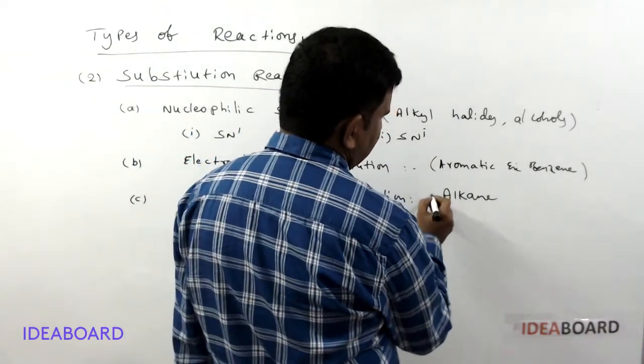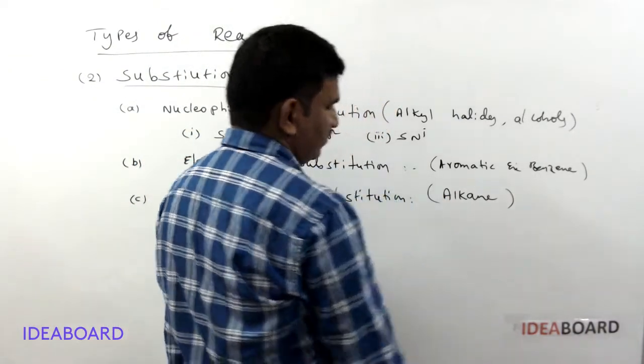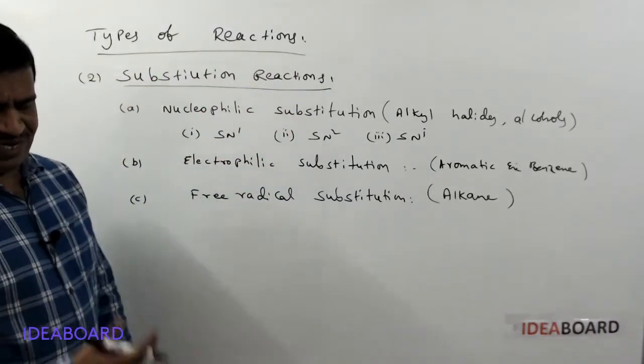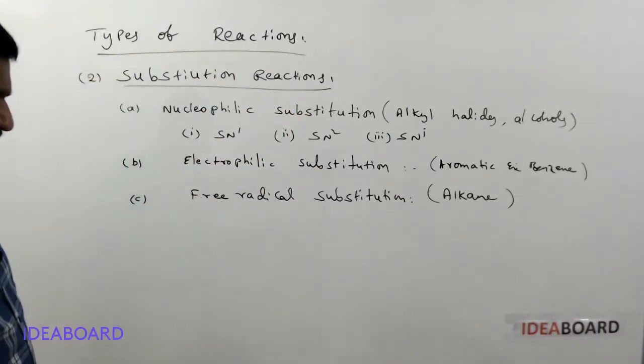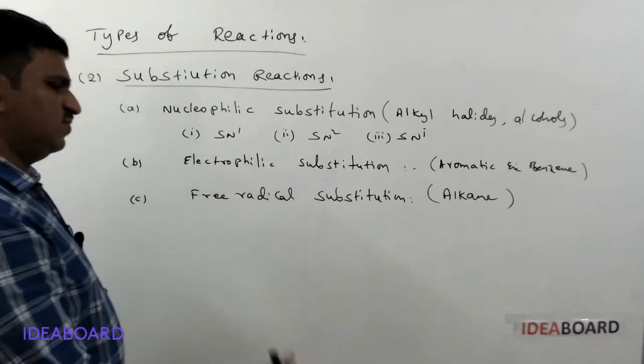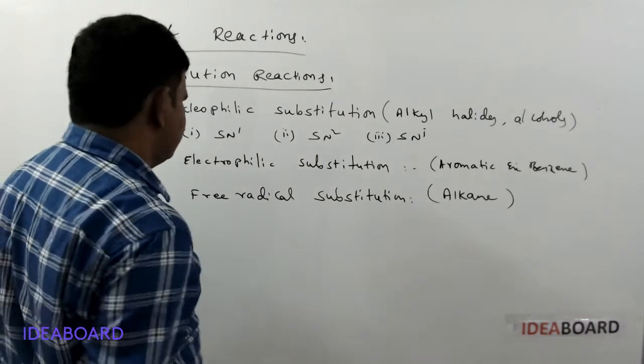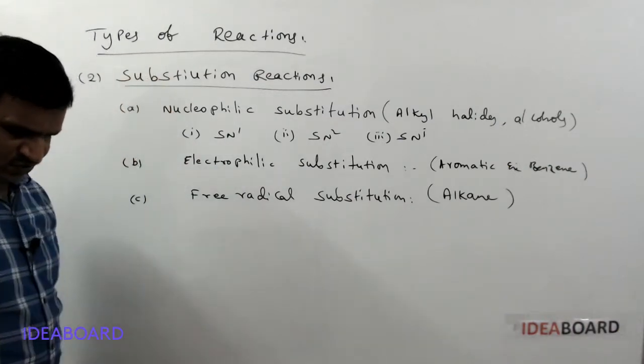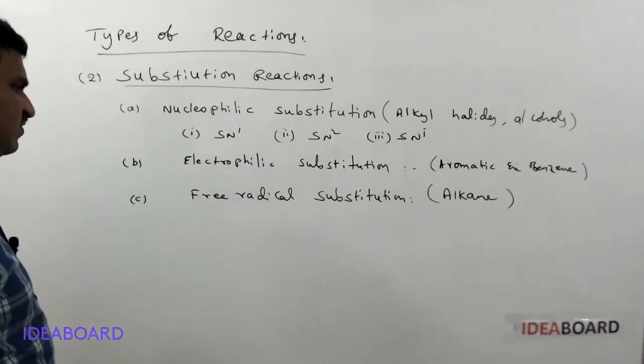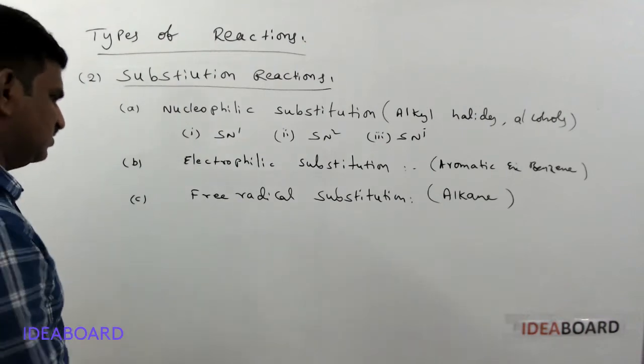Halogenation mainly occurs through free radical substitution, and we can state the reactivity order of fluorine, chlorine, bromine, and iodine in alkanes.